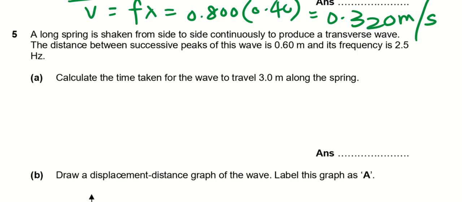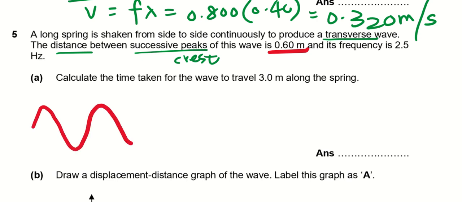Okay, question 5. A long spring is shaken from side to side continuously to produce a transverse wave. So in this case, we will be doing a transverse wave. The distance between successive peaks, and peaks are also what we know as crests, is 0.6 meters. So if I have a wave, this is one peak, this is another peak.